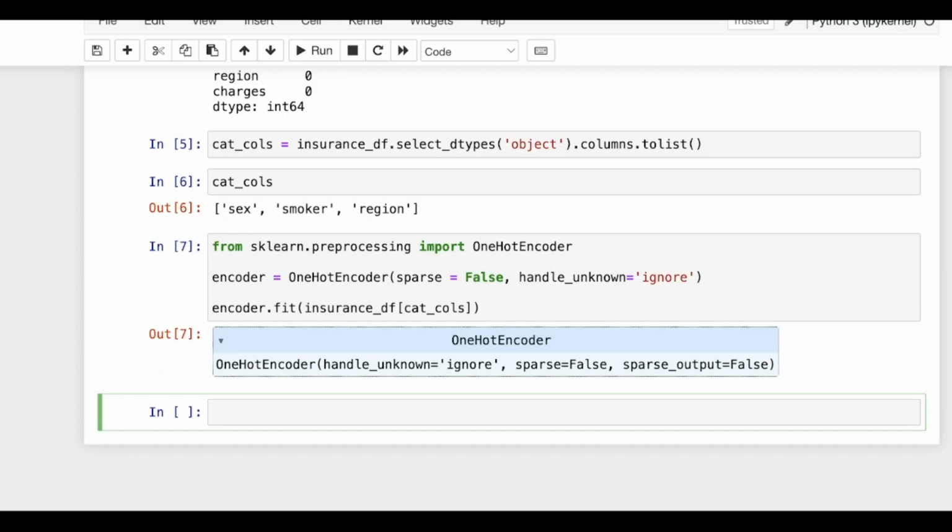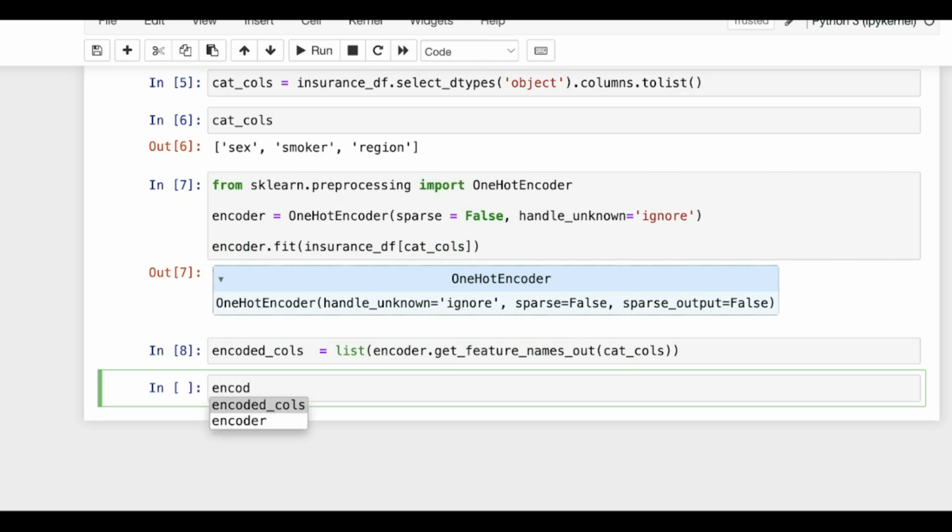Now that we are creating new columns with the numerical attributes, we need new column names for it. For that, we'll create encoded cols. We will use the function of the one hot encoder, which is get feature names out, from the categorical columns.